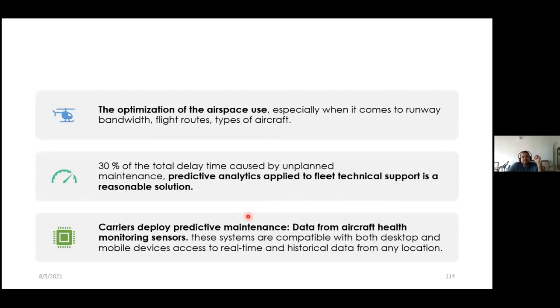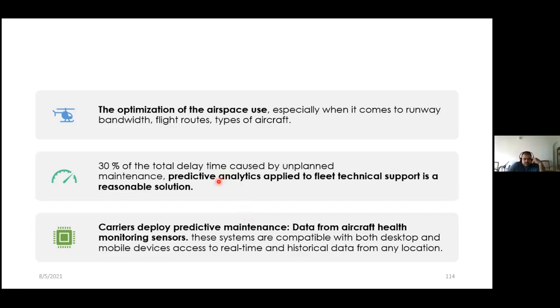Then optimizing of airspace is expensive, right? There are certain rules and regulations that govern this process, I believe. So runway bandwidth, flight routes, type of aircraft, taxiing. If you keep a certain aircraft on the ground for so long, then the loss is so much, right? Then taxiing issues, where you can't schedule things properly. For all of those, there are optimizing tools that you can use.